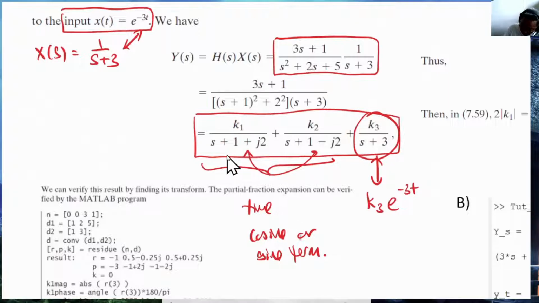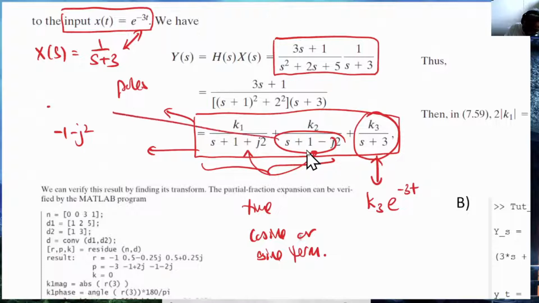Let us go and plot the poles and zero of k1 over s plus 1 plus j2 and k2 over s plus 1 minus j2. So the pole here is at minus 1 minus j2. And the pole over here, the second one, is at minus 1 plus j2. So this is the expression with respect to k2, and this is with respect to k1.